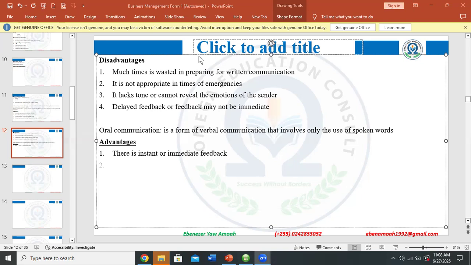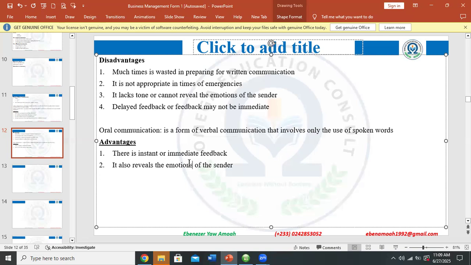I think the recipient can feel the sender's emotion at that point. Okay. So it also reveals the emotion of the sender. So if the person is talking to you and is angry, you can feel it. So it reveals the emotions of the sender.